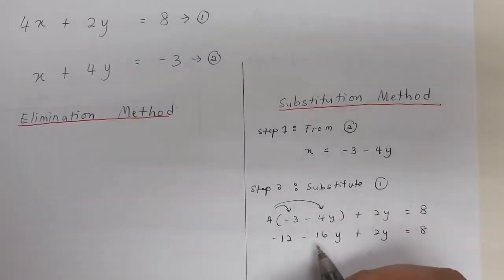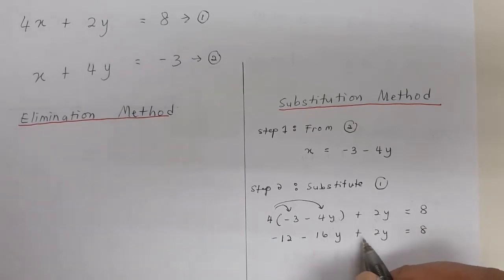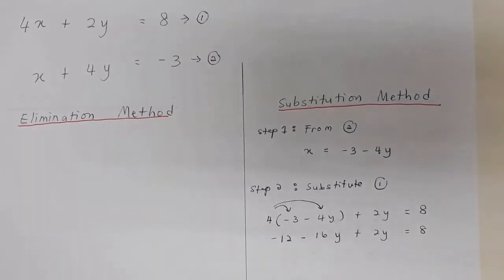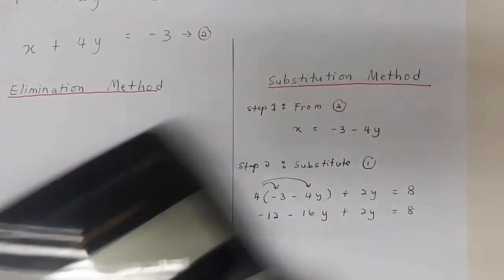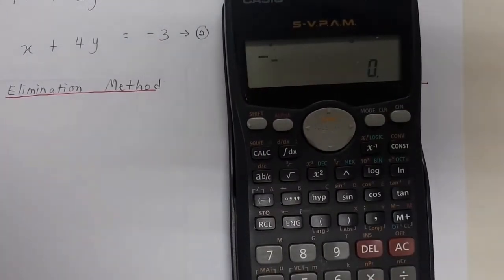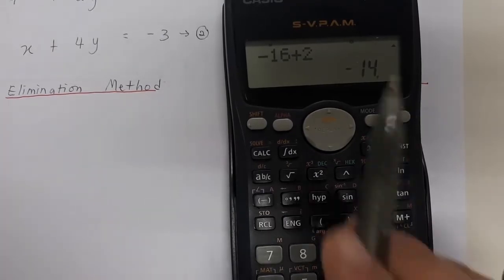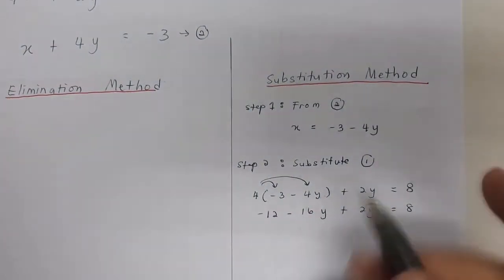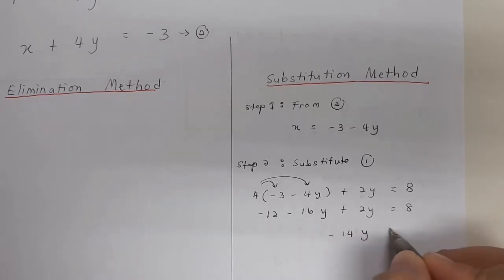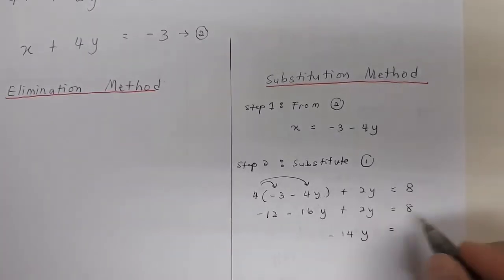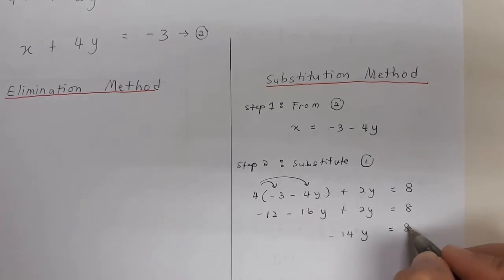Simplify. Negative 16y plus 2y. Okay, you can use your calculator. Negative 16 plus 2, we get negative 14. So, negative 14y equal. Then, on the right hand side, we have 8.